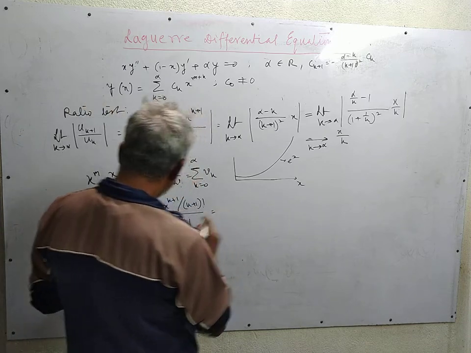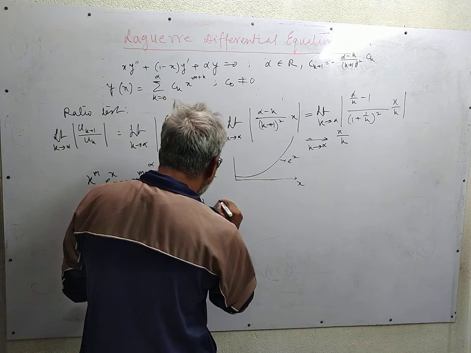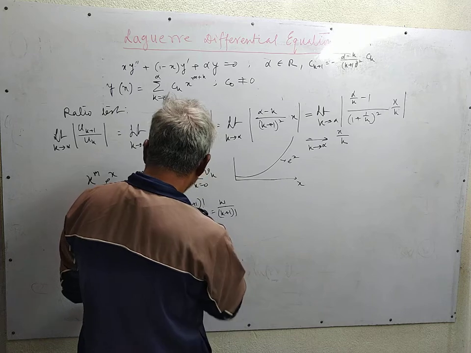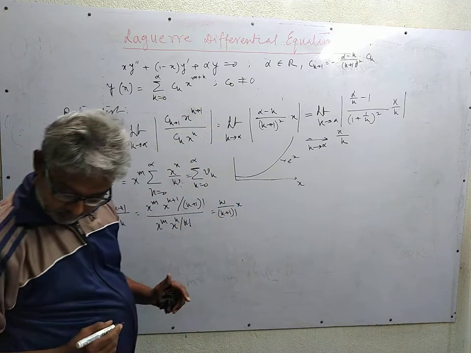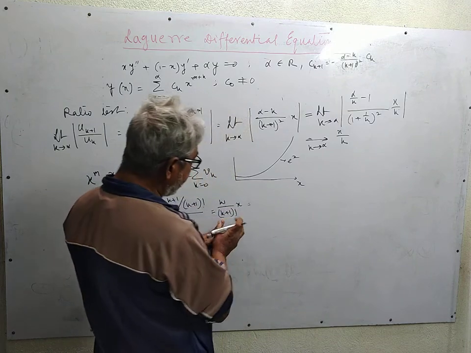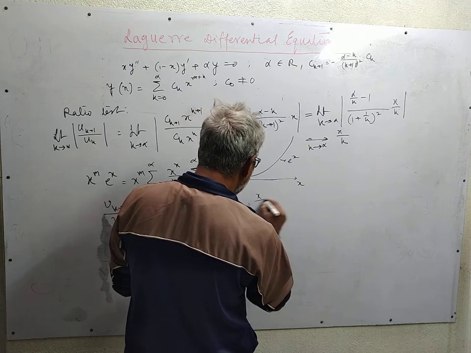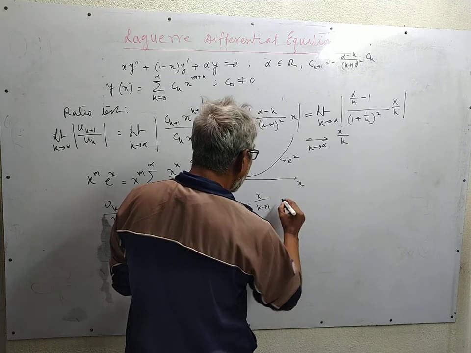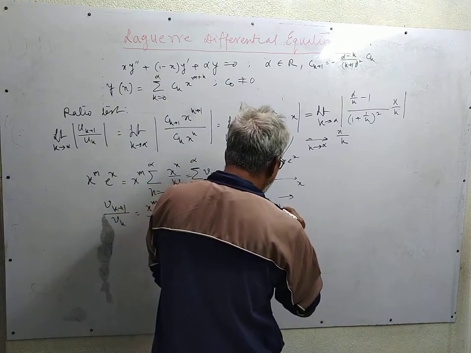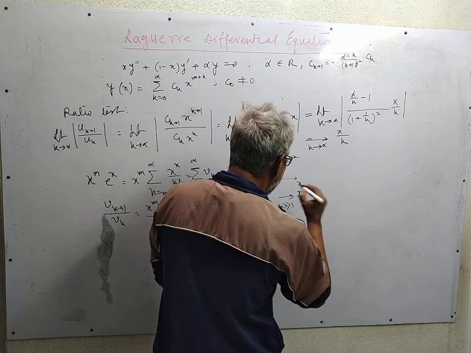The x to the power m goes, and we have x in the numerator, and then this can be written k factorial times k plus 1, so k factorial cancels out, and this is k plus 1, and for large k we can neglect 1 in presence of k, and when k is very high then this is x by k.